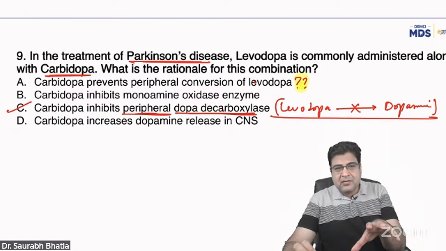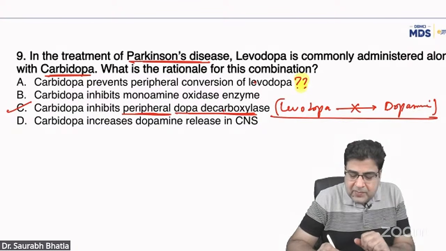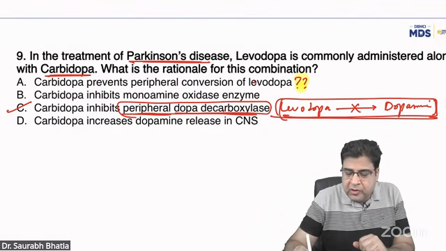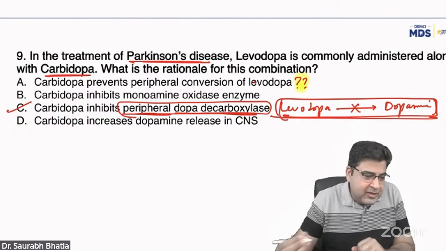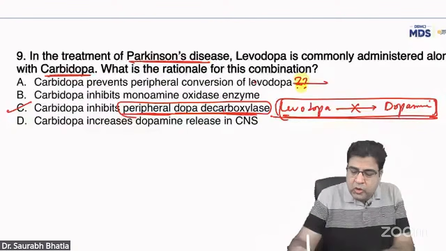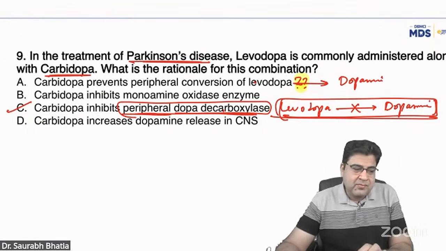My basic purpose in coming here is to give you the concept. This medicine is an inhibitor of dopa decarboxylase and inhibits the conversion of levodopa to dopamine. So if option C was not there in the exam, option A would have been the answer, right? If the statement is given this way, with C not there, then A is the direct answer to this MCQ question 9.